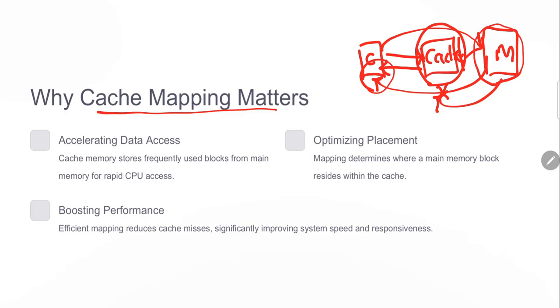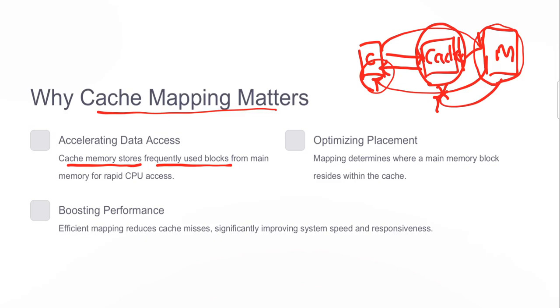So this is the entire process of how the cache memory works, and how the CPU accesses the cache memory and the main memory. First, cache memory stores the frequently used blocks from main memory for rapid CPU access, because we need efficiency of the CPU.